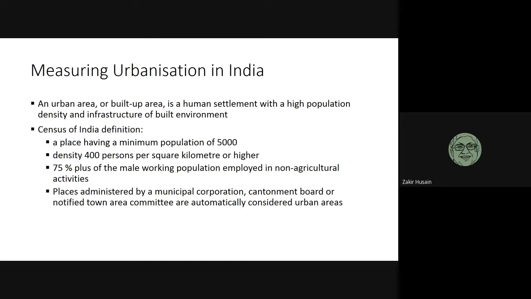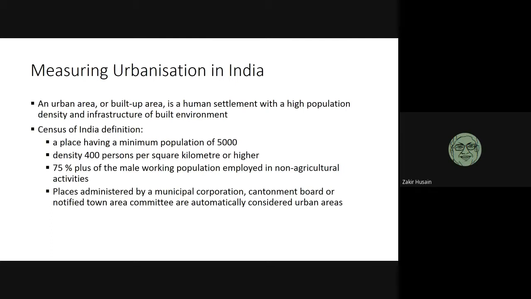Now, in India, we follow the definition that an urban area should have a minimum population of 5,000. The density should be at least 400 persons per square kilometer, and it should have a primarily non-agricultural economy. So 75% of the male working force should be working in non-agricultural activities.